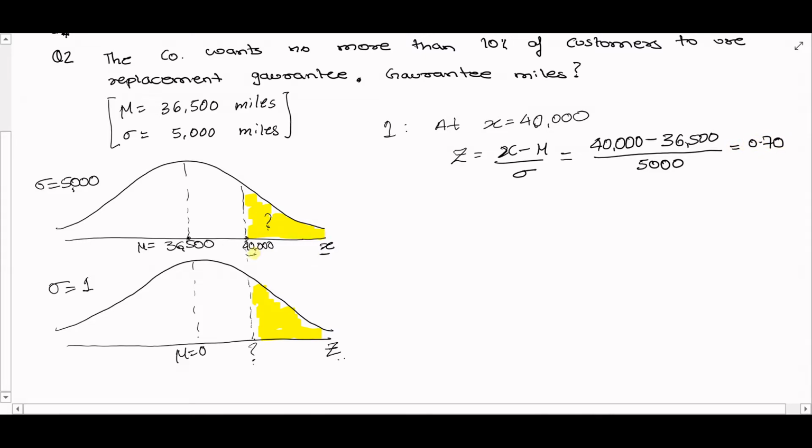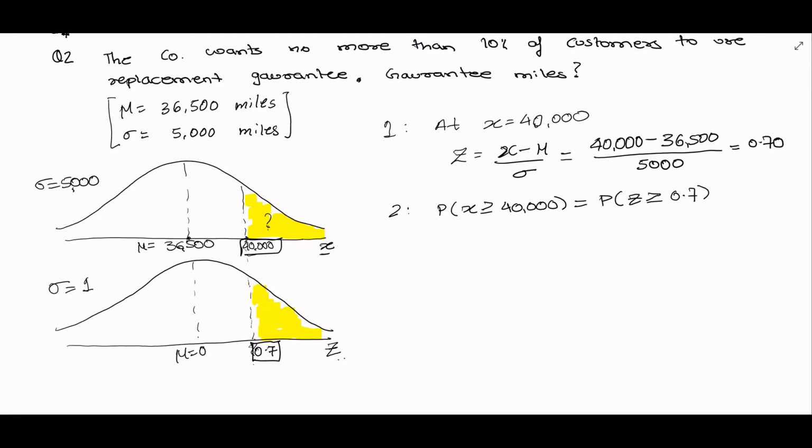So whatever is 40,000 on the x scale is 0.7 on the standardized z scale. And then in the second step, the probability that x is greater than or equal to 40,000, which is what we are interested to find out, will be equal to the probability that z is greater than or equal to 0.7, right?